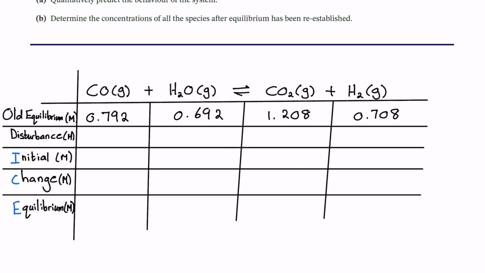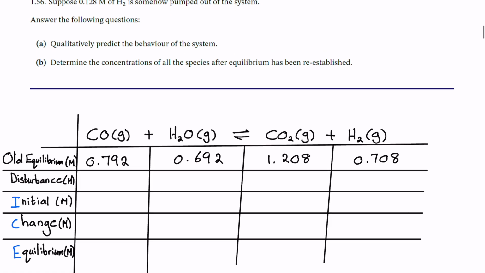Alright, so I just skipped ahead for you, you don't have to watch me draw a table. So this is the table that we draw. Our old equilibrium had a certain bunch of concentration values. Then we had a disturbance. We said, suppose you pump out 0.128 molar of hydrogen. So that means we lose 0.128 molar hydrogen. Nothing else.